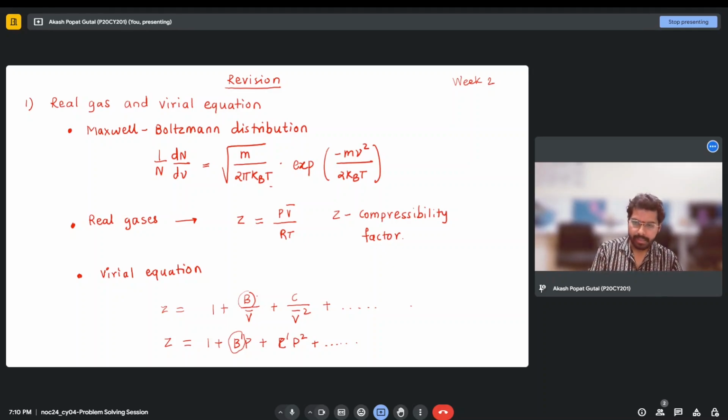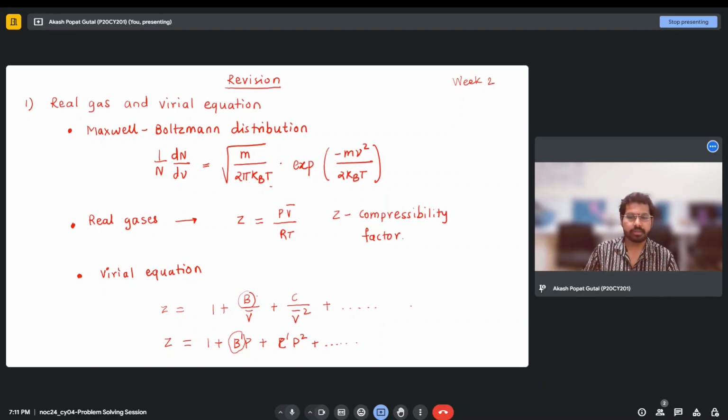Then we have seen the virial equation, in which we derive the compressibility factor in terms of molar volume. We have seen that Z is equal to 1 plus B by V plus C by V square plus higher order terms, where B and C are the virial coefficients.